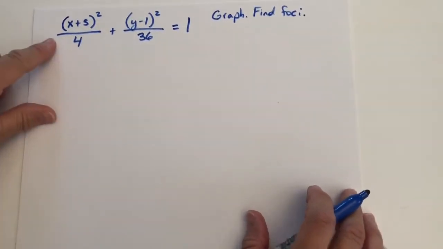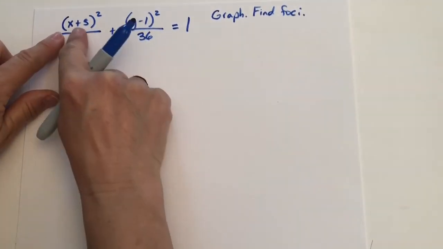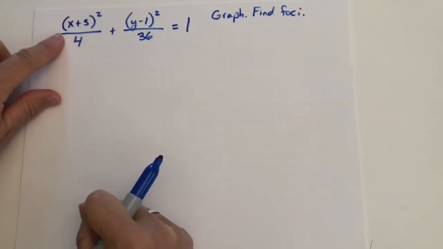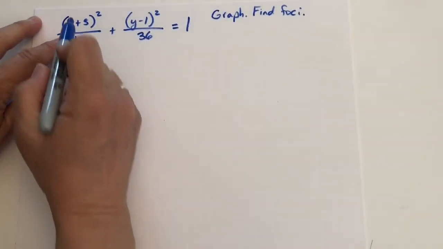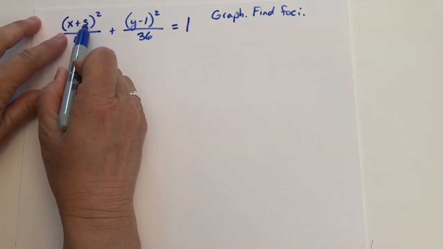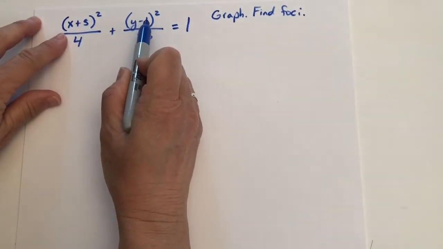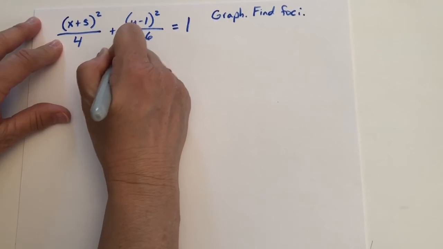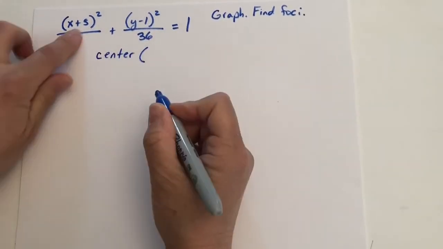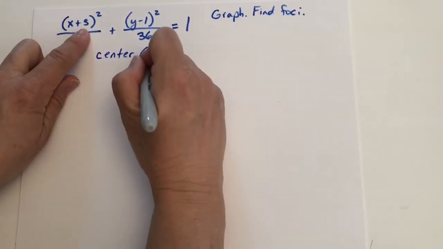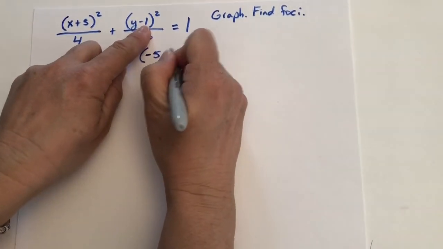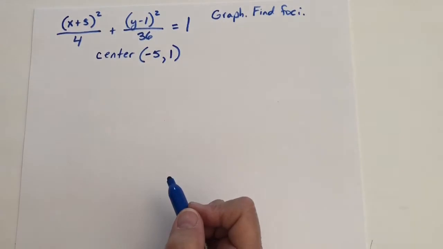So this time it's been shifted off the origin, and fortunately you can find center much like you do when you find center for a circle. It's x minus the x coordinate of the center and y minus the y coordinate of the center. So the center for this one is -5, the opposite of the number you see there, and 1, the opposite of this number that you see here.